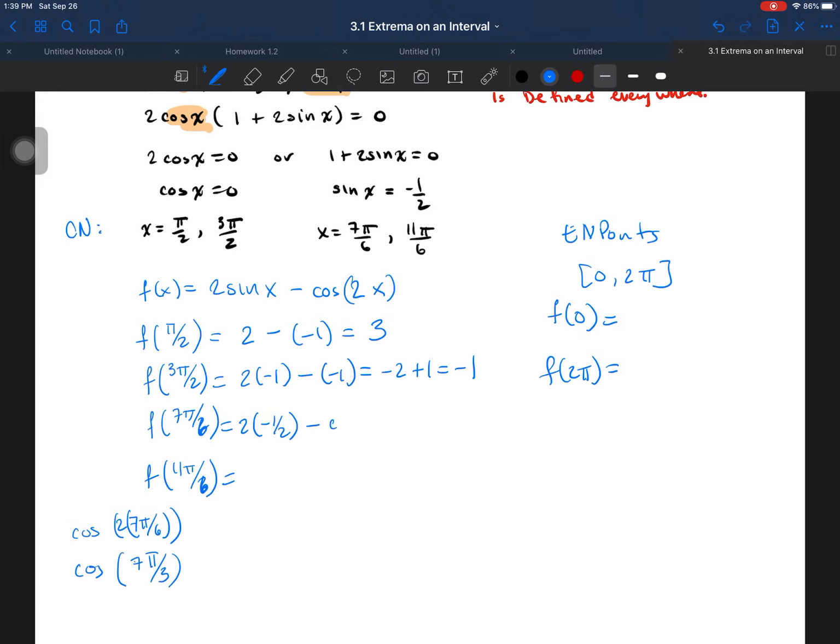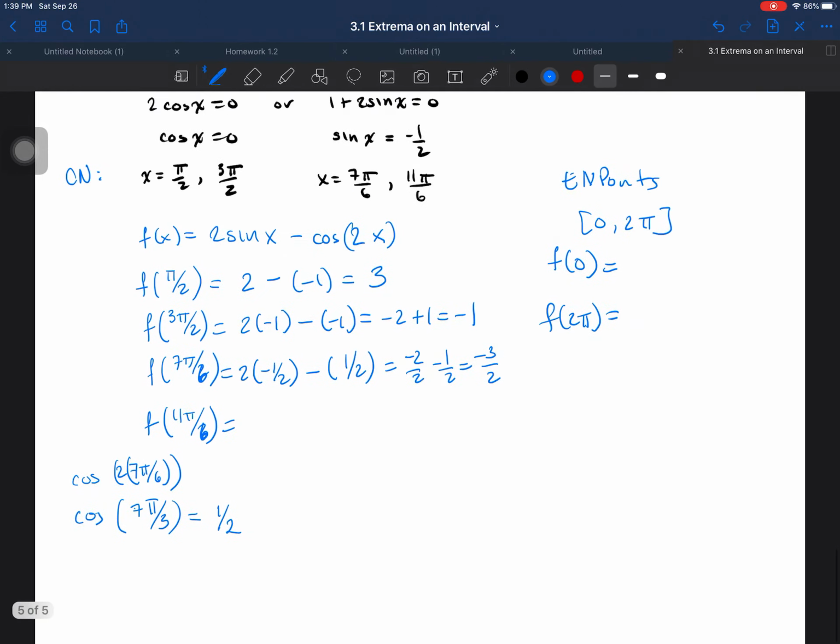So the cosine of pi over 3 is actually going to be 1/2. So then we have negative 1 minus 1/2, which will be negative 3 over 2. All right, so that's that one.